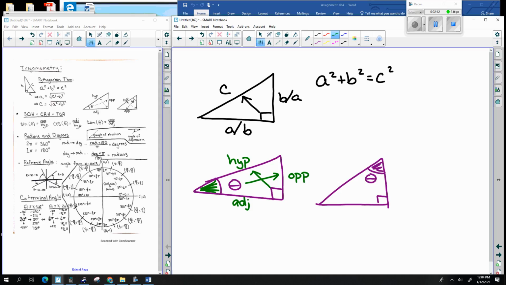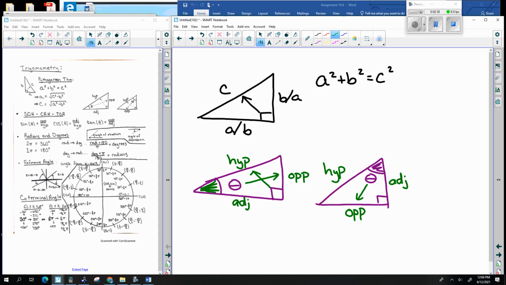It's just whatever theta that you're talking about. So here, the opposite would be technically the bottom. The hypotenuse is still the slant side, and then the other one would be the adjacent. So you really have to be able to identify where your theta is in this particular case.